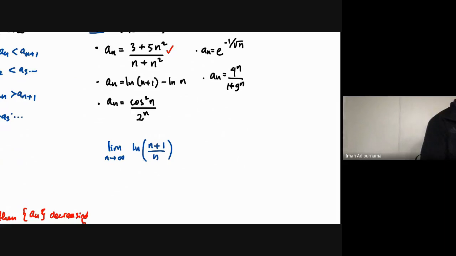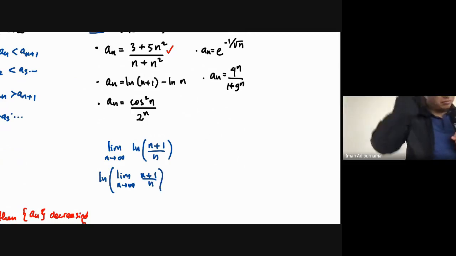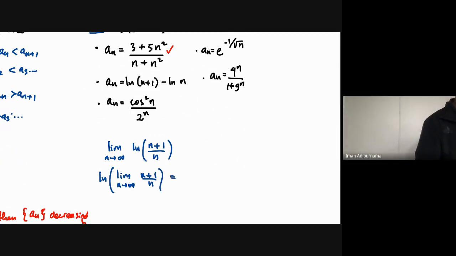And next, we can move the limit and evaluate the limit inside. Eventually you divide by n, so 1 plus 1 over n. 1 over n is 0, so it's 1, and ln 1. So we can say this converges.